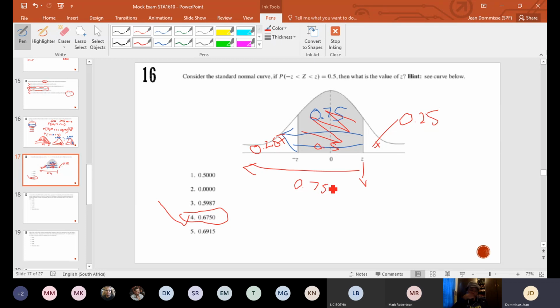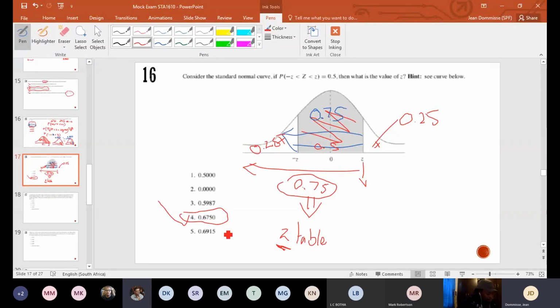And then I needed to go to my Z table and use that probability of 0.75 to get a Z value, and that is 0.675. So this one was working it nearly backwards to get to the answer.